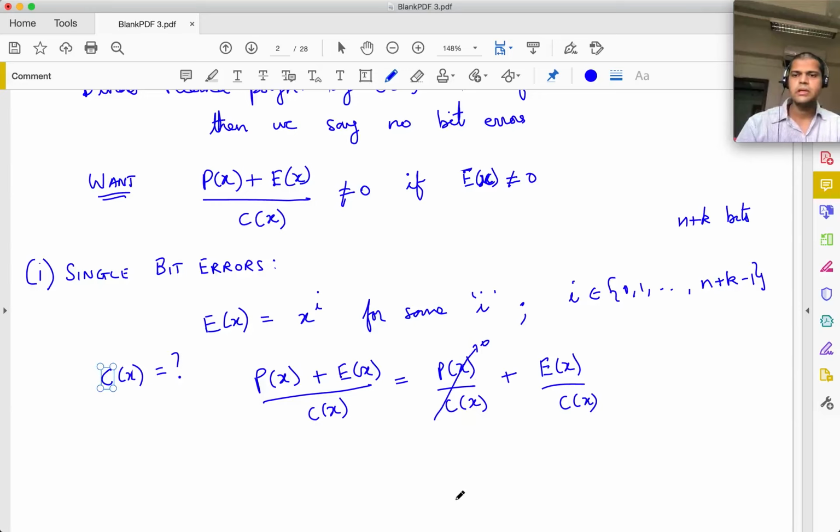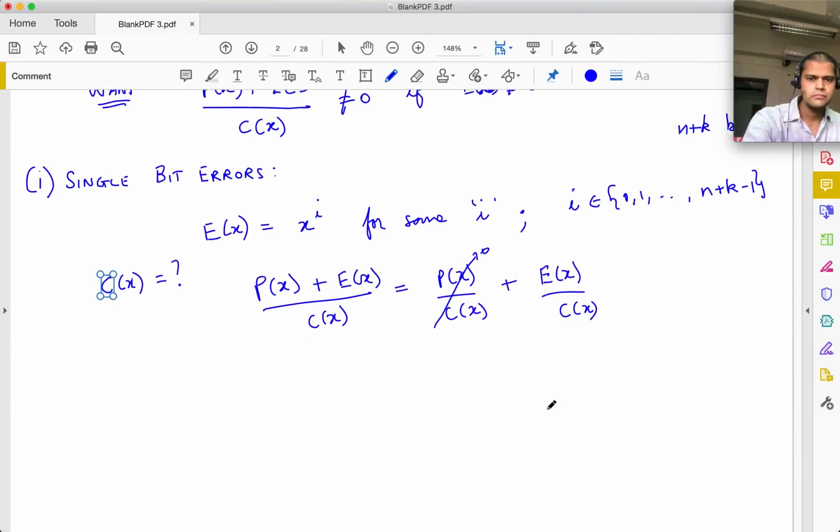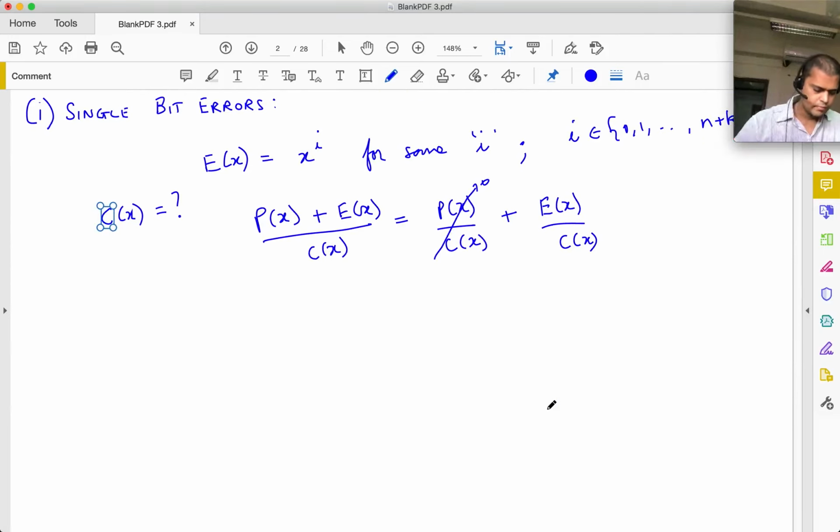The code word is indeed divisible by C of x. And the question is whether x to the power of i can be divided by C of x. So let's say C of x is of this form. The CRC is k bits, so C of x itself starts from x to the power of k.